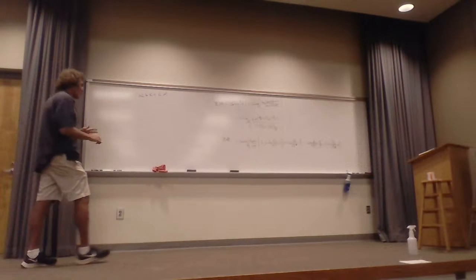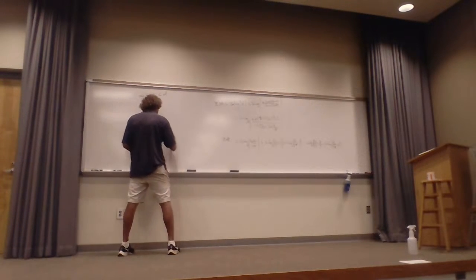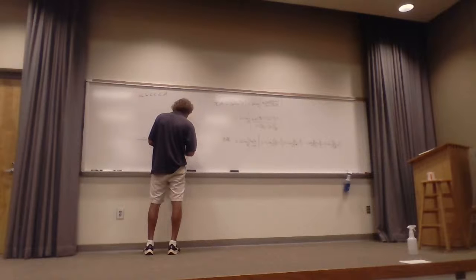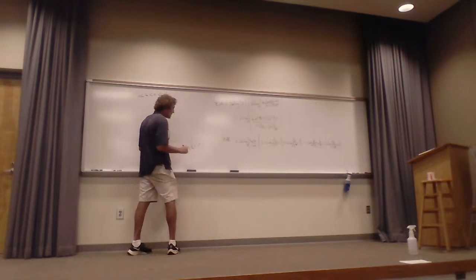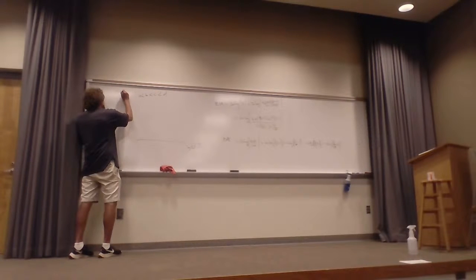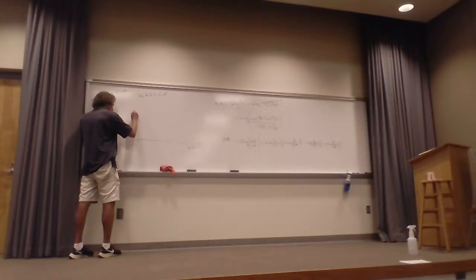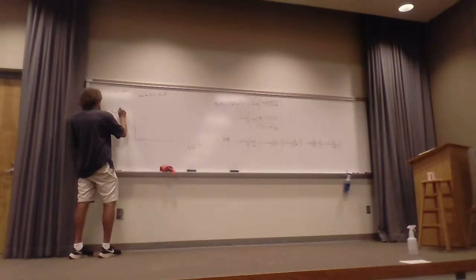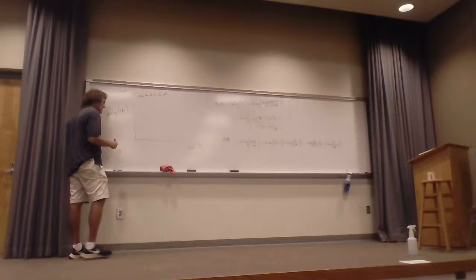On this axis it's the log of omega, and we know S is equal to j omega. On this axis, it's 20 times the log of the magnitude of Z.